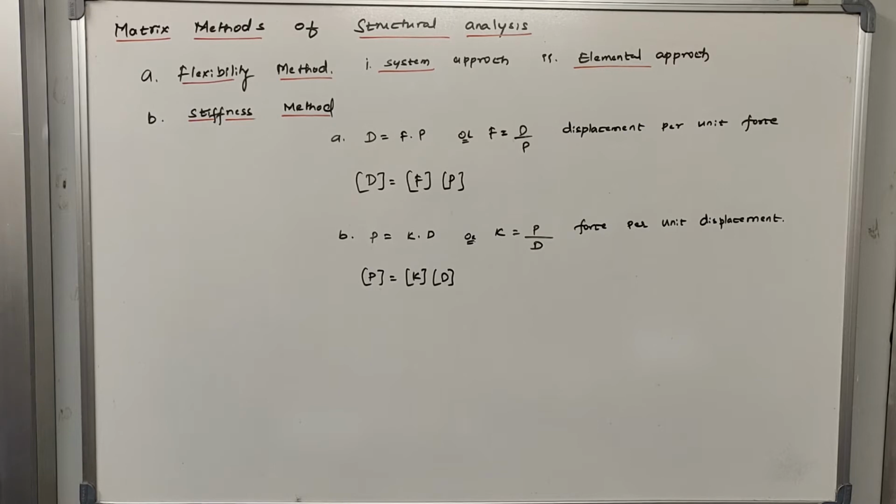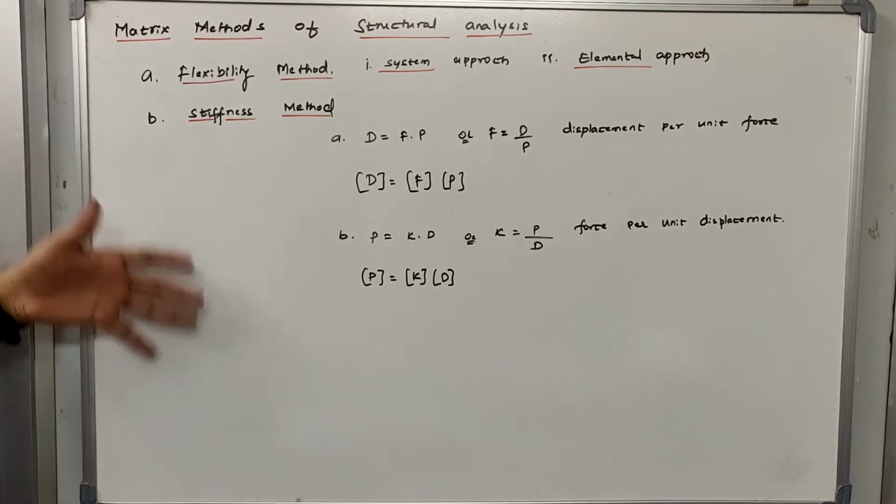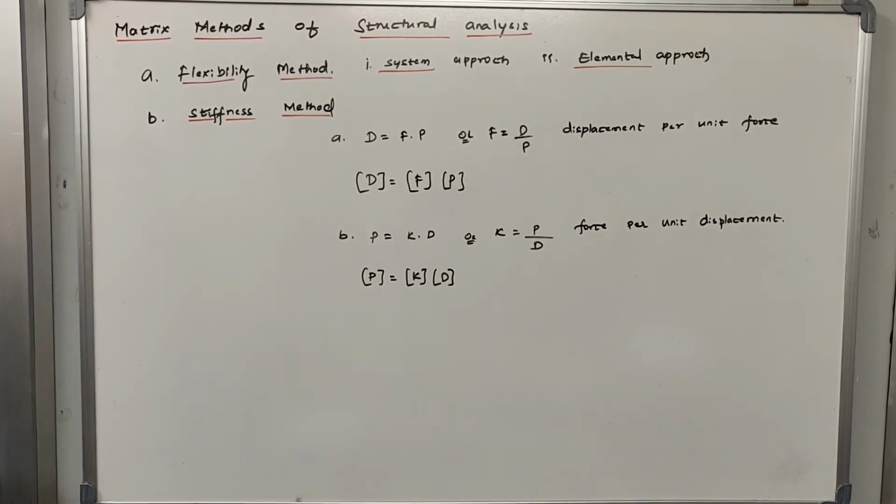Very complex, three-dimensional structures can be solved by the matrix method. Try to understand the complexity of any given building in three dimensions. Right now, whatever we are solving are frames in one single plane. It is a 2D frame, right? When you go to a third dimension, the complexity of the structural analysis increases.